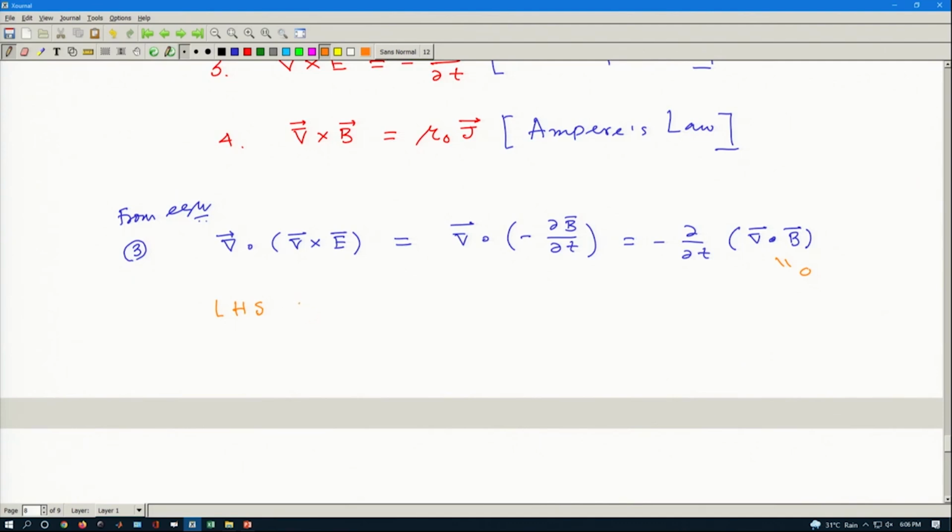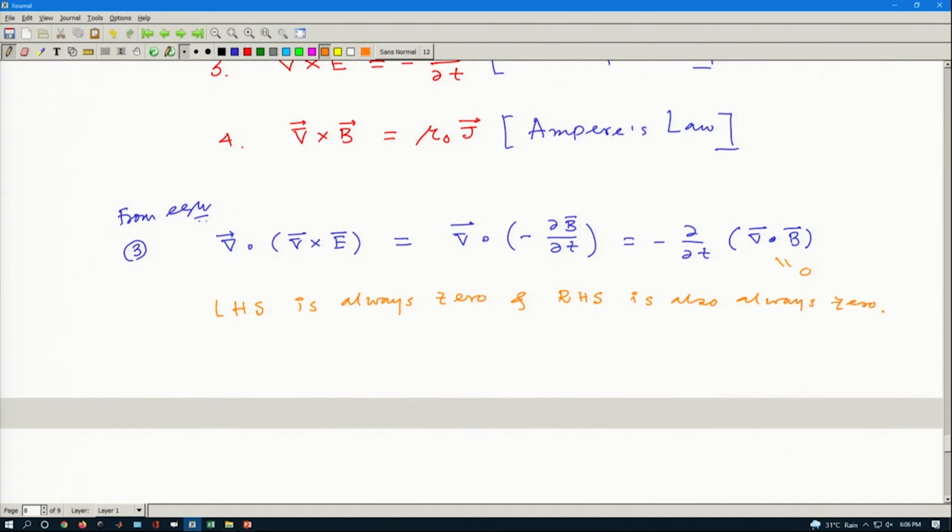The left hand side is always 0 and the right hand side is also always 0.